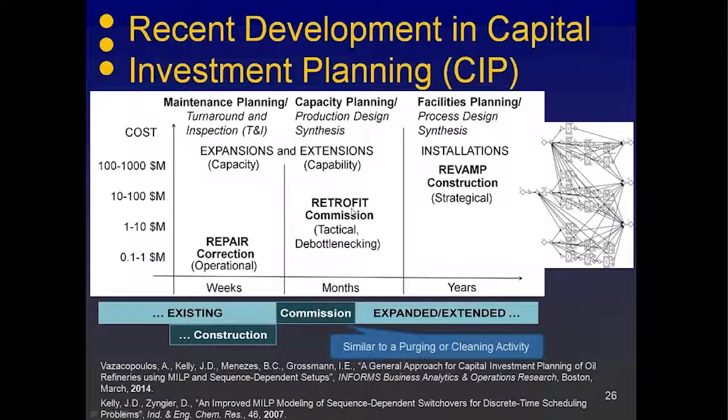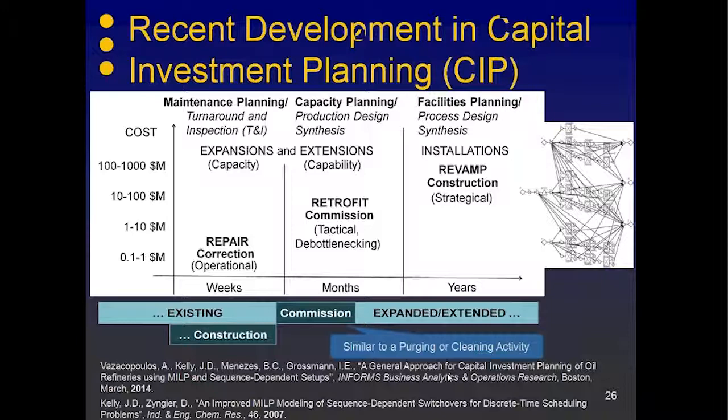Thinking about it more holistically, you can also use the same technology to solve the repair problem or the maintenance planning, turnaround, and inspection, where people basically put a bunch of scenarios in Excel. Should I shut down the cat cracker first or the crude unit second? How do I manage inventory? Well, if you already have a way of managing the production, and then you add the sequence dependent, then you can start automating decision making around turnaround scheduling. This is something that we're pushing to the industry, and Alkis, myself, Breno, and Professor Grossman are having a little poster at the next Informs meeting, where we're discussing that in more detail.